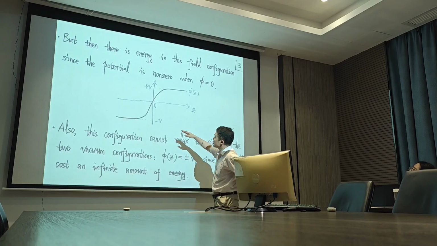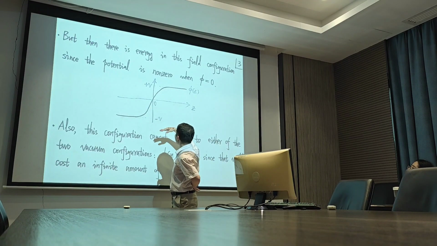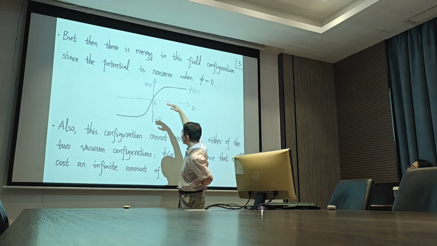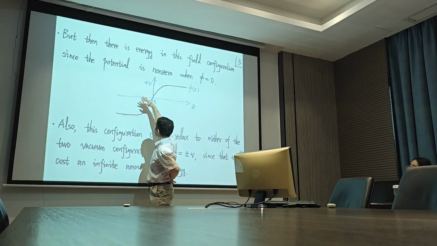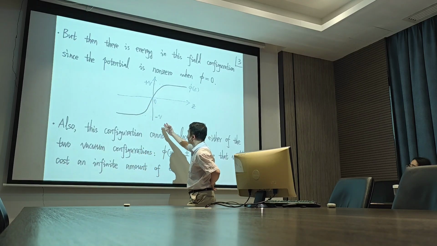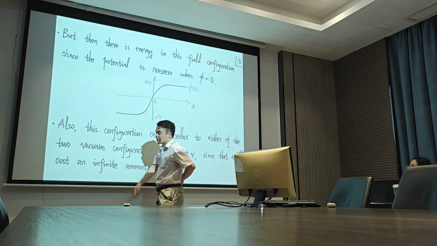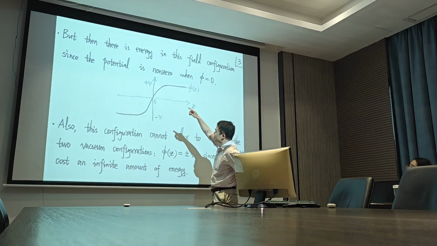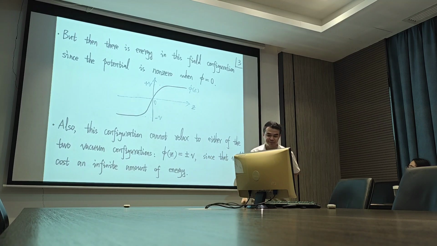If we change this configuration to phi always equal to plus v, then we need to move this curve in the finite region to the line. So it would cost an infinite amount of energy.